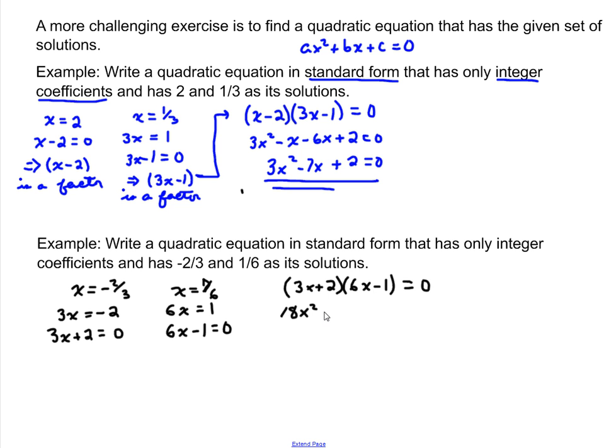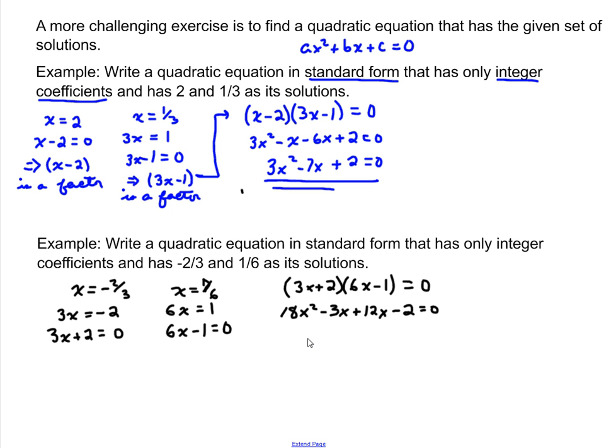Our outer terms, negative 3x, 1 times 3x. And our inner terms, 2 times 6x, so that's plus 12x. And for our constant term at the end, positive 2 and negative 1 gives us negative 2 when multiplied.